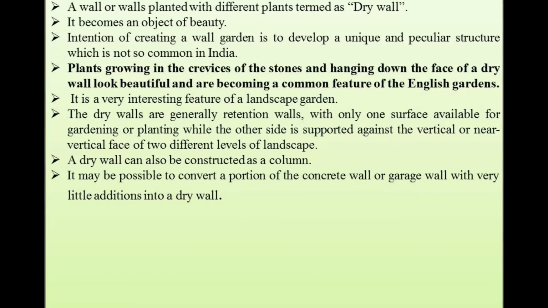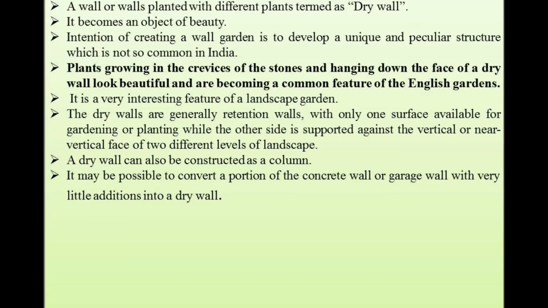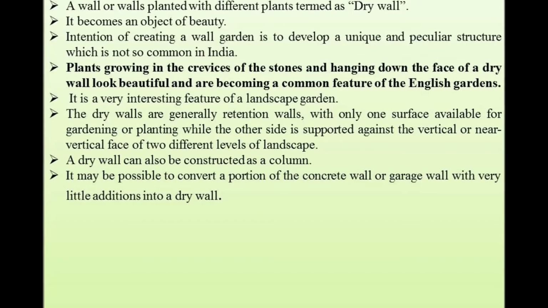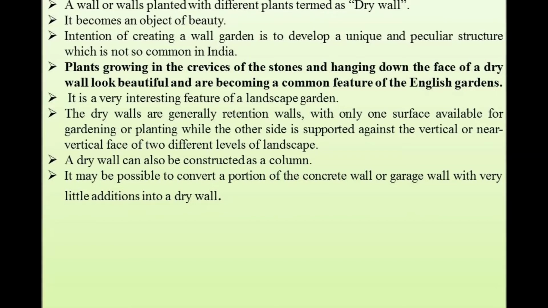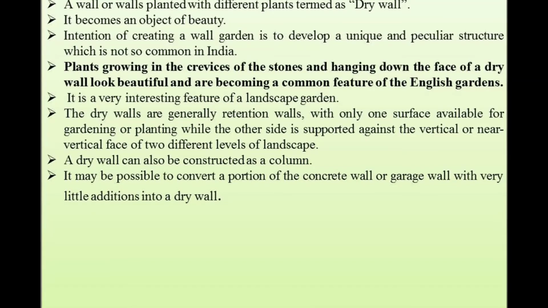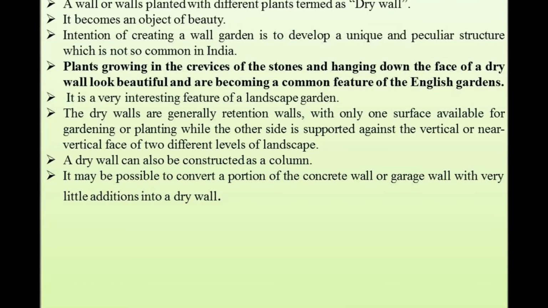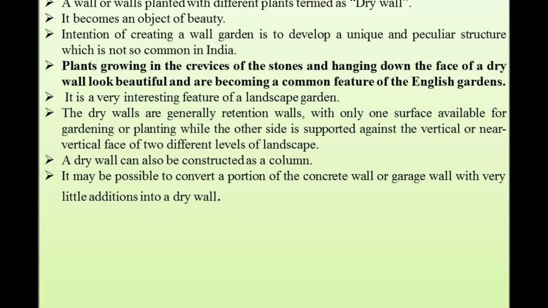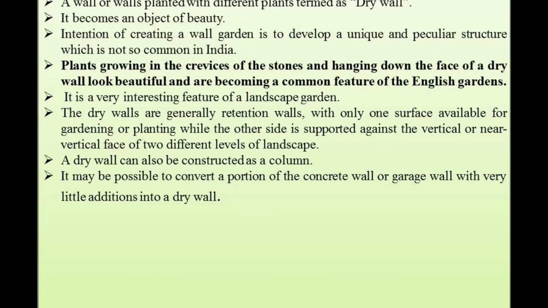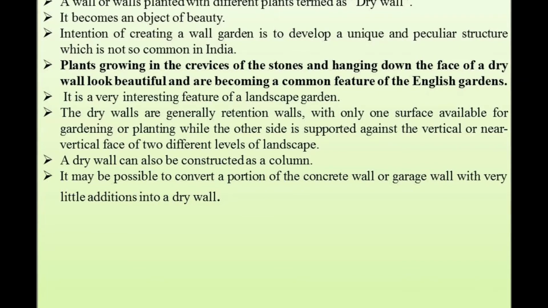After the planting, when these plants grow, they hang down the face of the dry wall and look more beautiful, and become a common feature of an English garden. Generally, the dry wall is a common feature of an English garden.